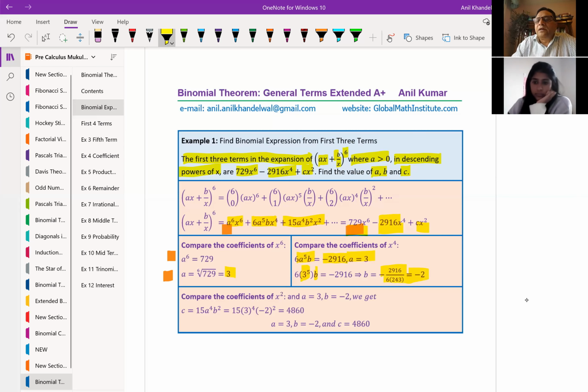The value of b comes out to be minus 2. Correct? So we have the values of a and b. Now it is time to compare the third term, where c is equal to 15a to the power of 4 b squared. Substituting the values of a and b there, we get the value of c also, which in this case is 4860.